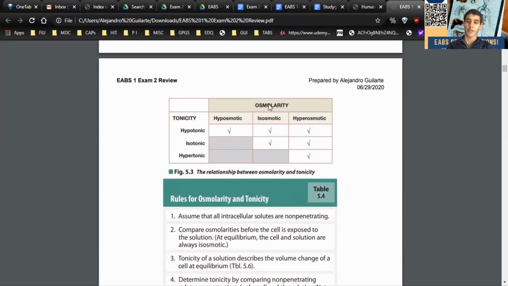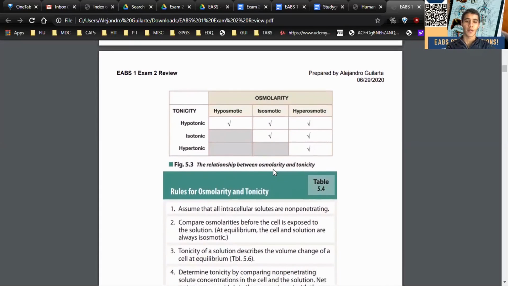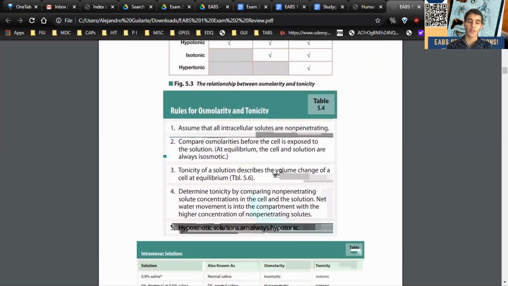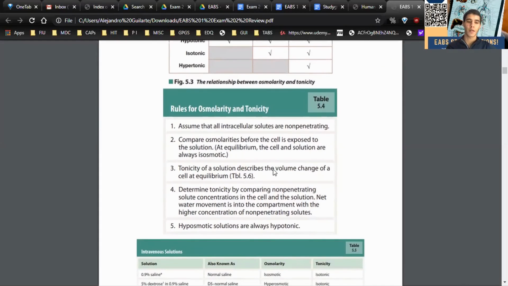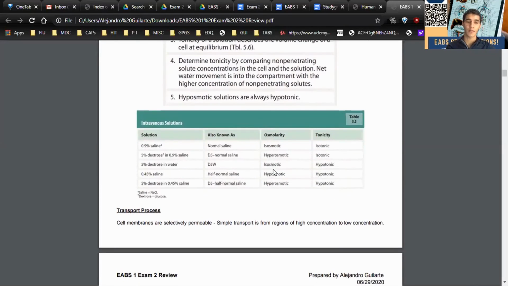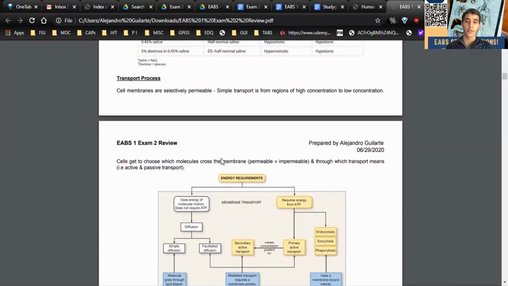Those are different conditions you should know regarding osmolarity and tonicity. These are some general rules you can follow when you get questions where you have to determine the tonicity or osmolarity of a solution, as well as some common solutions used today in the medical field, such as normal saline. Then we go over the transport processes.